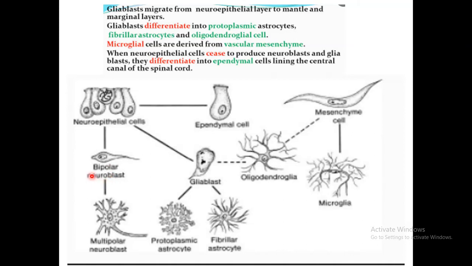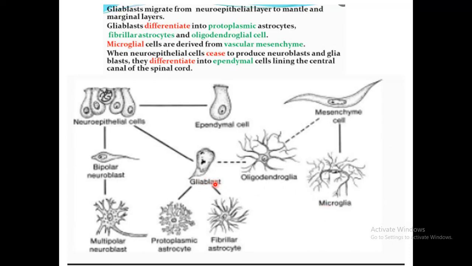They also give rise to bipolar neurons, multipolar neurons, and lastly oligodendrocytes and macroglial cells. These are important cells.